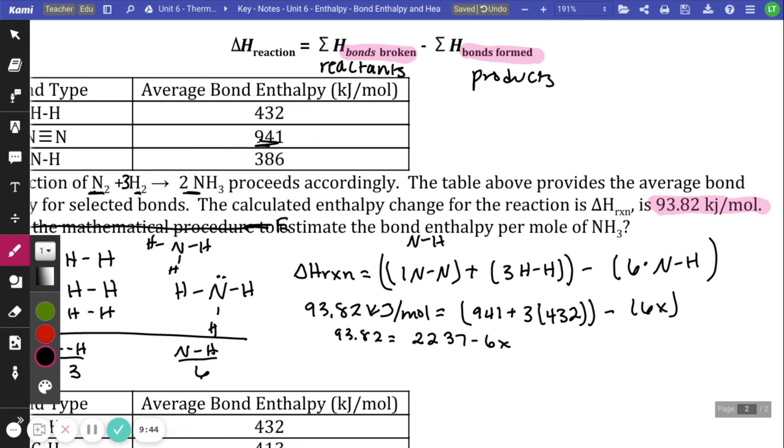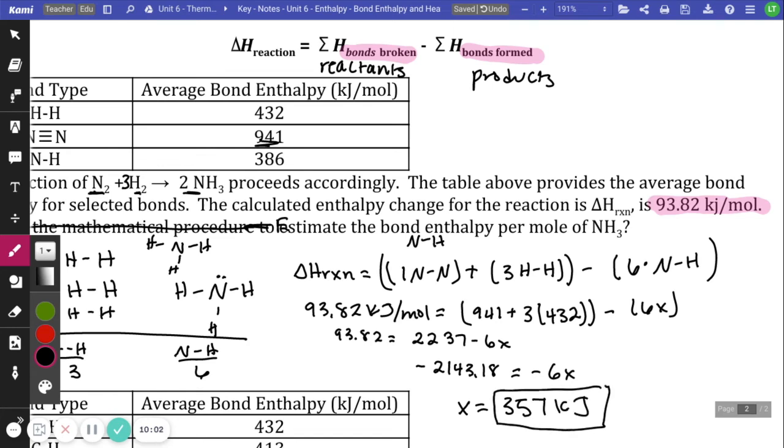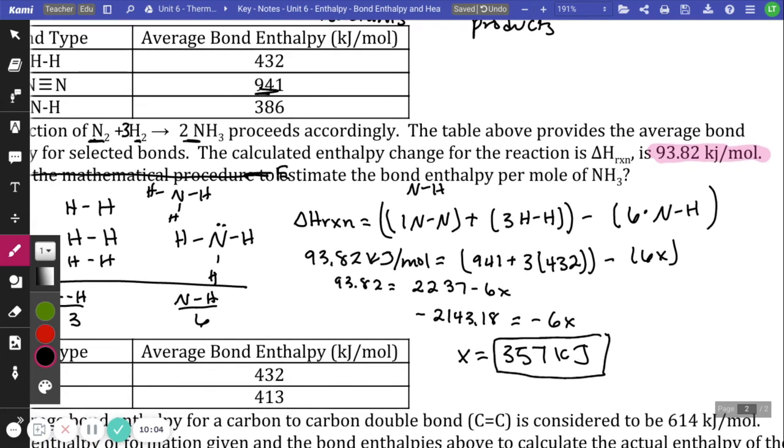So then negative 2,143.18 is equal to negative 6X. So then X would be equal to 357 kilojoules. So right there, we were finding the bond enthalpy of the NH bond. So each NH bond would have 357 kilojoules.